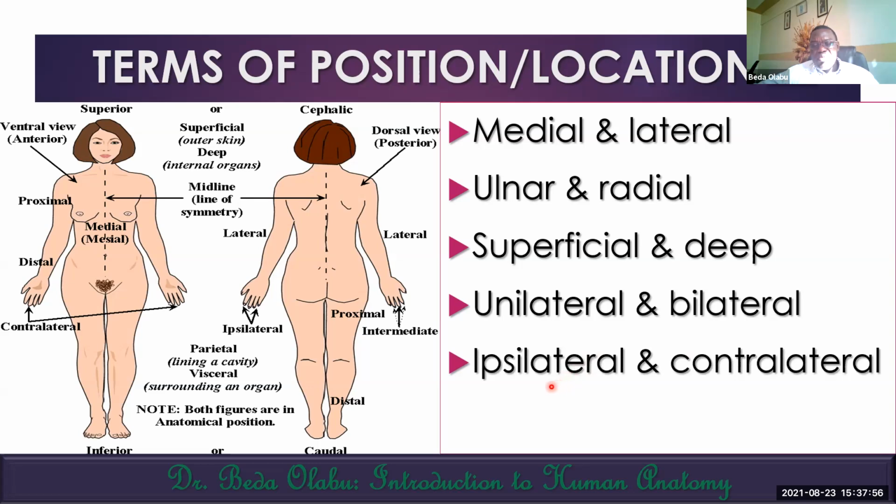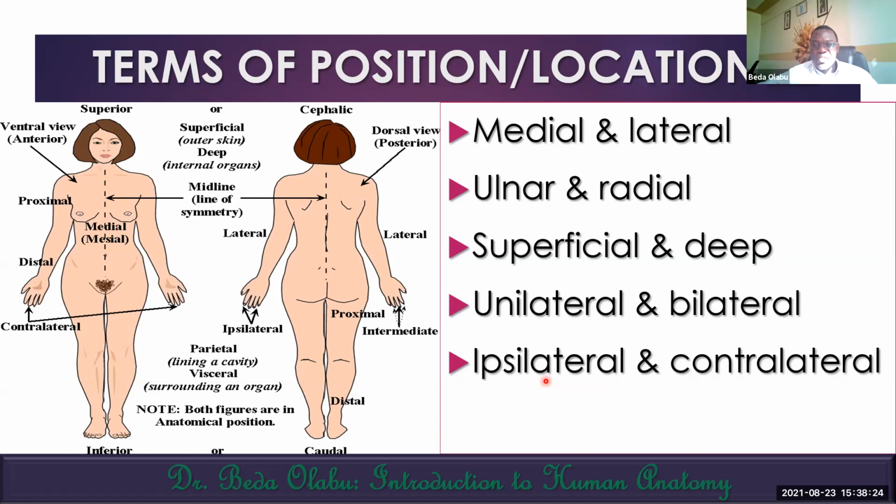I want us to describe ipsilateral, and the opposite is contralateral. Again, more in clinical setups. Ipsilateral means the same side. Let's take an example of two related events, and they both occur on the right side.